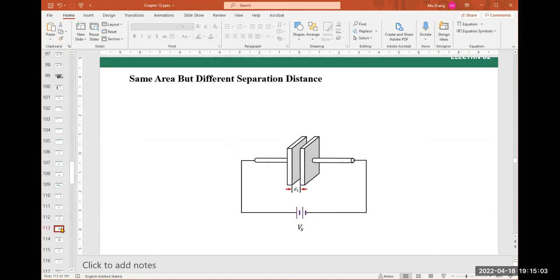So let's say this is the first one, the first trial, the first scenario. The plates are close to each other. This one, not that close. Here, very far. The question is, among these three different scenarios, which one has the biggest capacitance? Or do they have the same capacitance?